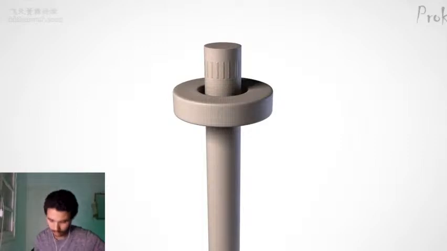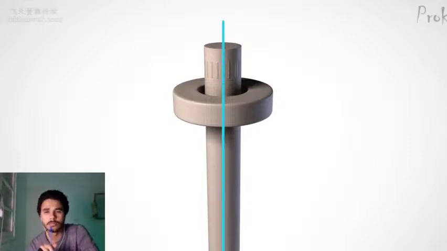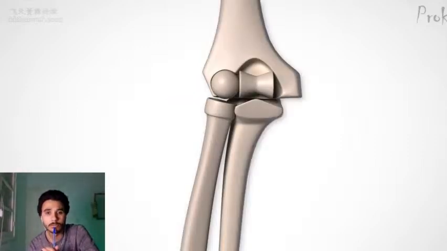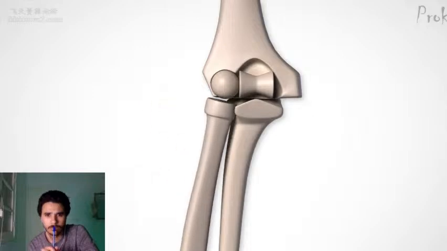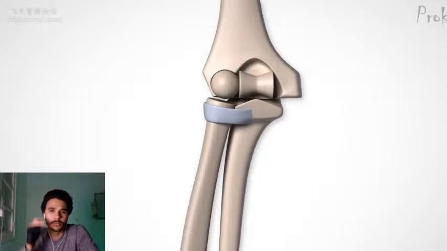However, it rotates along the long axis. A cylindrical bone fits into a ring of bone and ligament, like the radial ulnar joint just below the elbow. The cap on the radius bone fits nicely into this notch on the ulna bone. Ligaments complete the ring, holding the bone in place and allow the radius only to rotate inside of it.